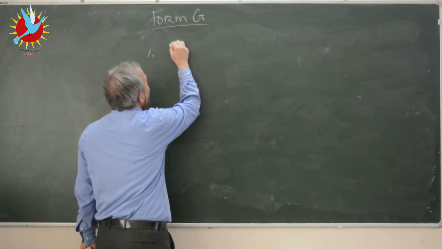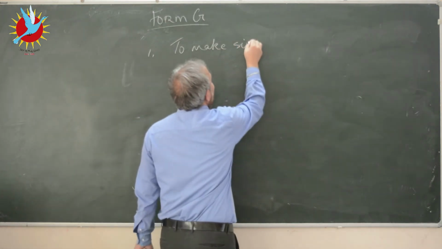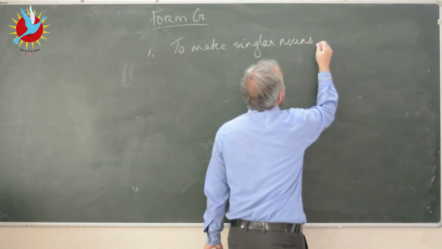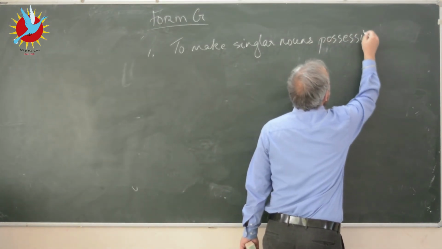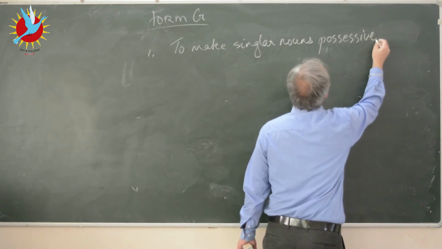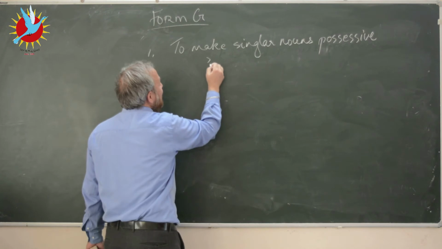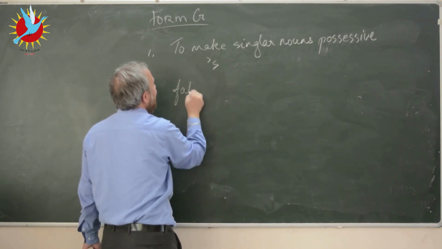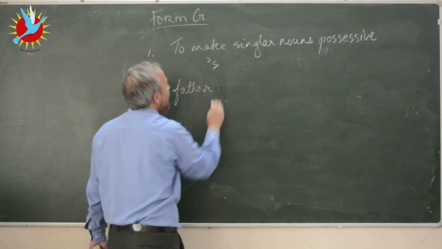So if you want to make a singular noun possessive, it is very, very simple. Let's say to make singular nouns possessive, or change them to the possessive case, it is very, very simple. What is it that you do? You just add the apostrophe and the letter S. Let's say my father's. Father is a singular noun.